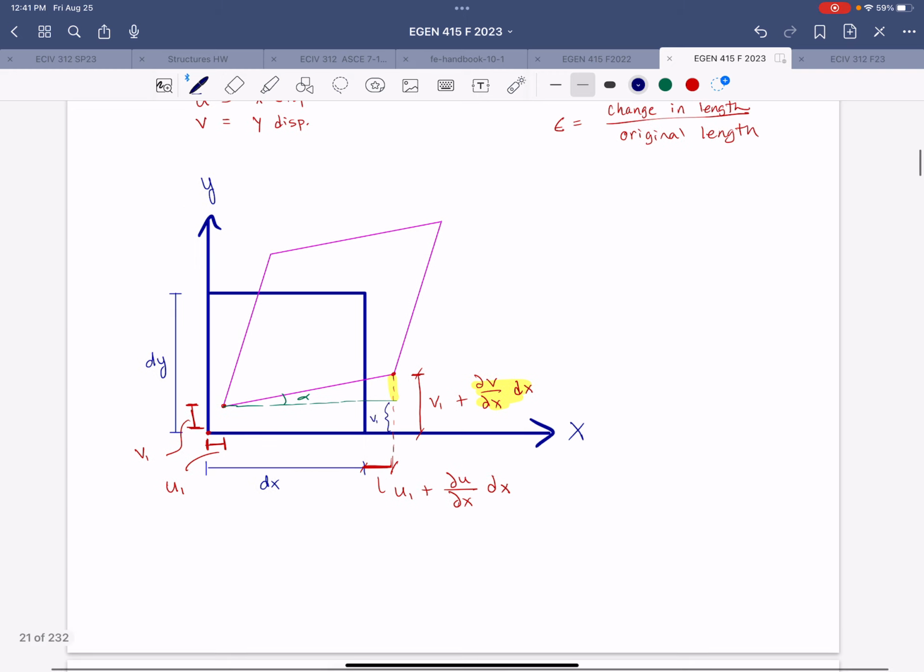All right, so now if we apply the same thought process to this corner up here, I'm going to go ahead and mark the angle. So I'll call this angle beta. We'll come back to those angles when we do shear strain.